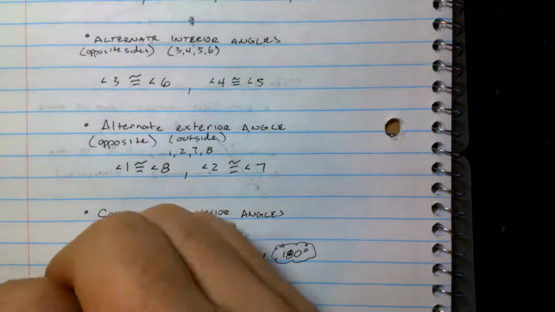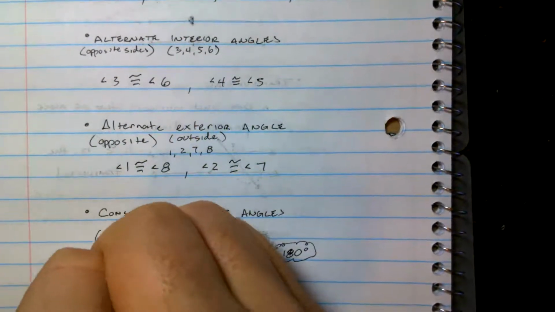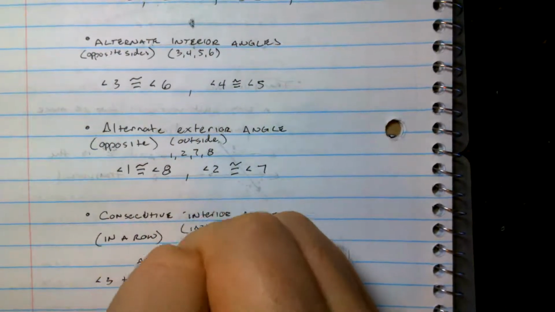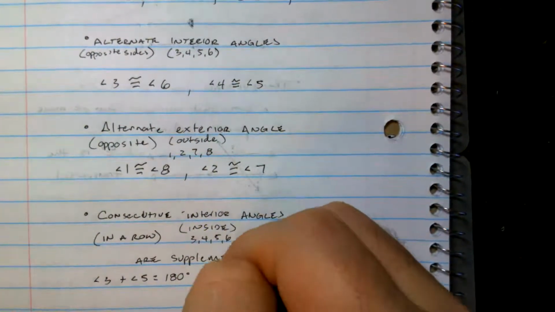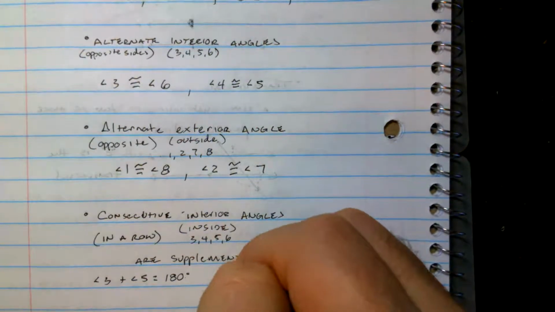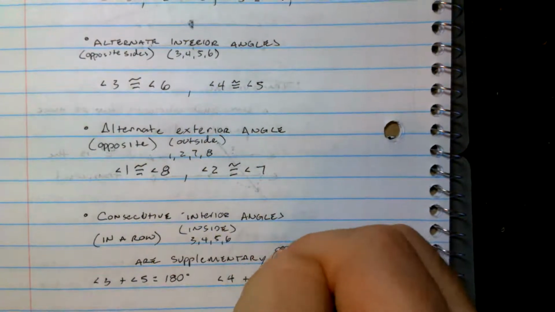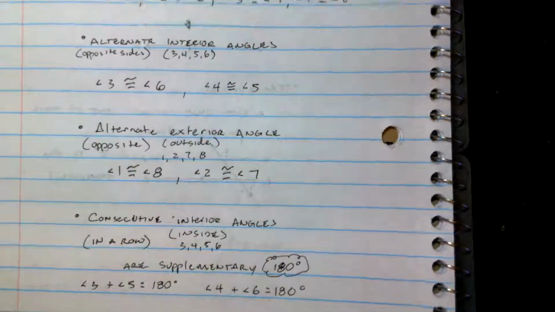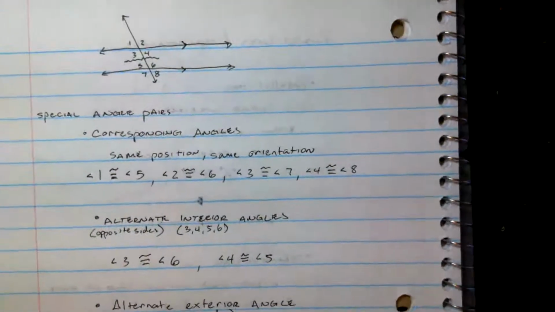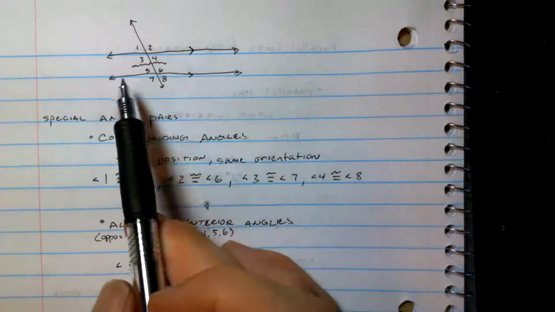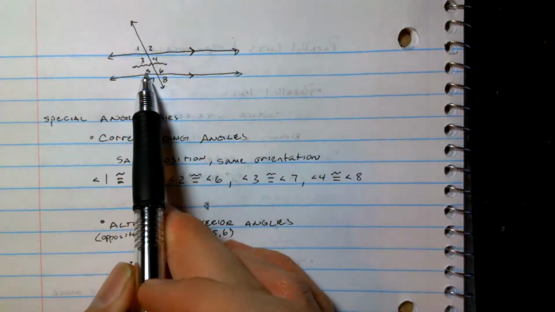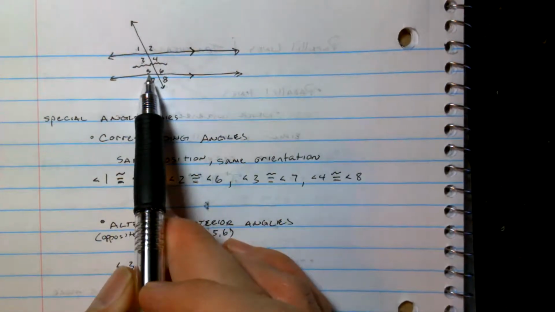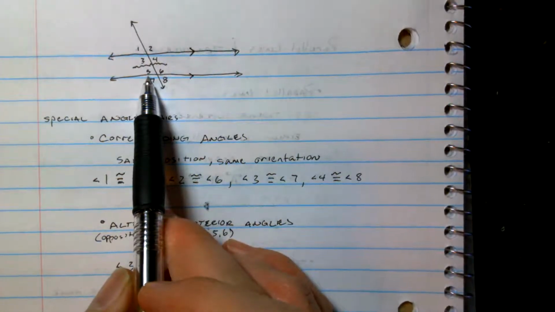I know angle 3 plus angle 5 equals 180, and angle 4 plus angle 6 equals 180. Again, that's helping me make the leap: if I know 5, then 5 and 3 together form a supplementary pair.